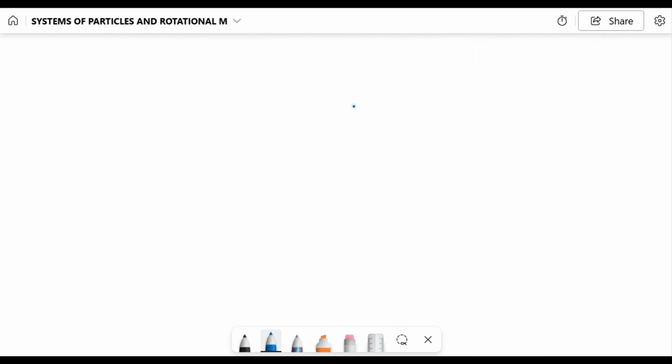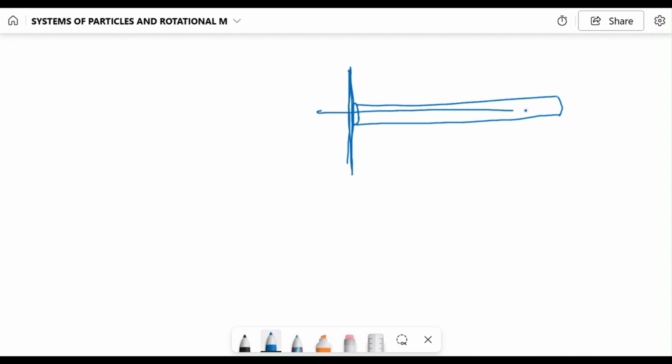Okay, so we have a very thin rod here. We are going to treat it as a linear mass distribution, meaning a continuous mass distribution along a line. This is the x-axis and this is the y-axis. In this case, we are not going to take M1, X1, M2, X2. This is not going to work here.